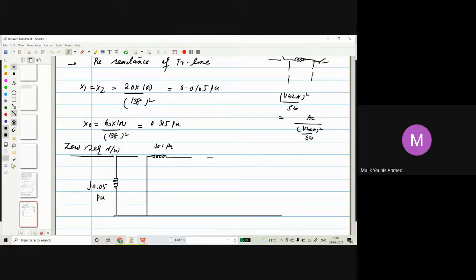The transmission line is represented by reactance only, so we can represent that by a reactance. For the transmission line we have got J0.315 per unit.